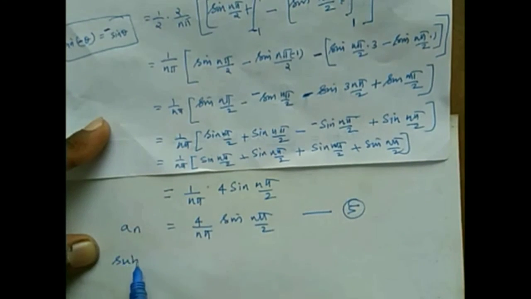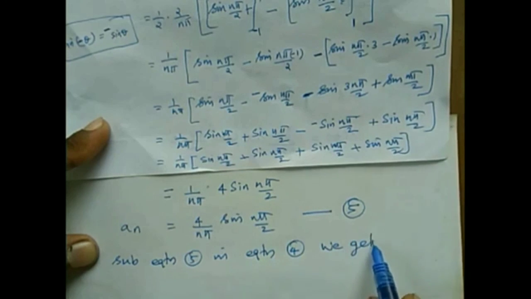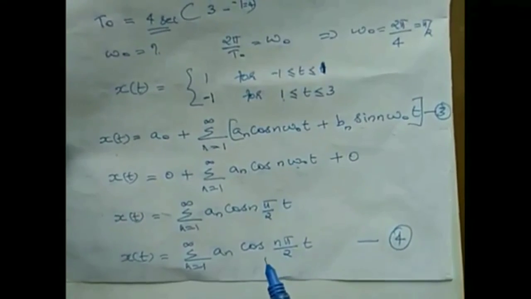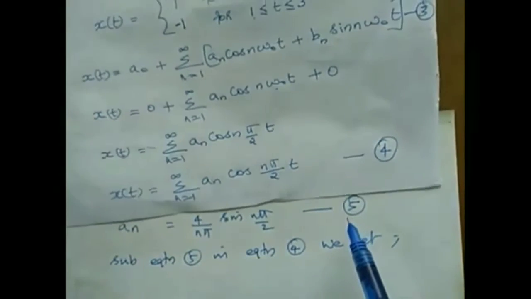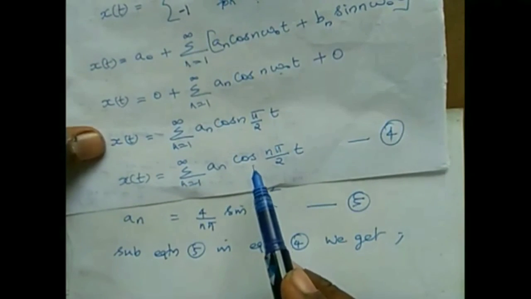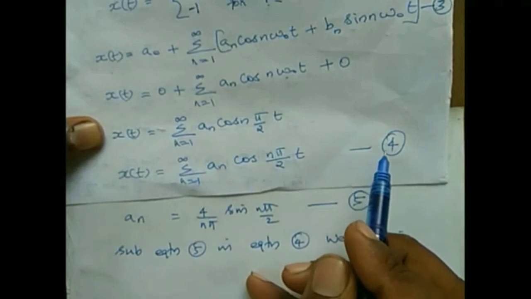Now substituting equation 5 in equation 4, this is equation number 5 and this is equation number 4. That means we are going to substitute for a_n in equation number 4.